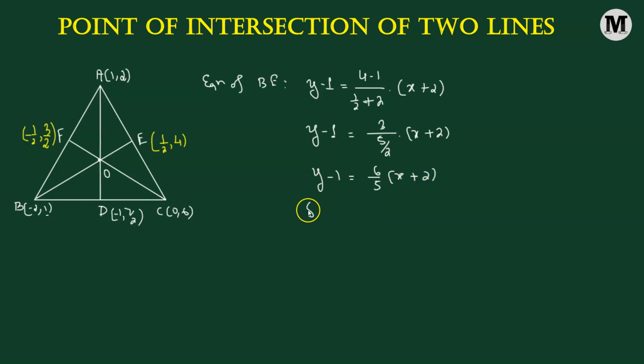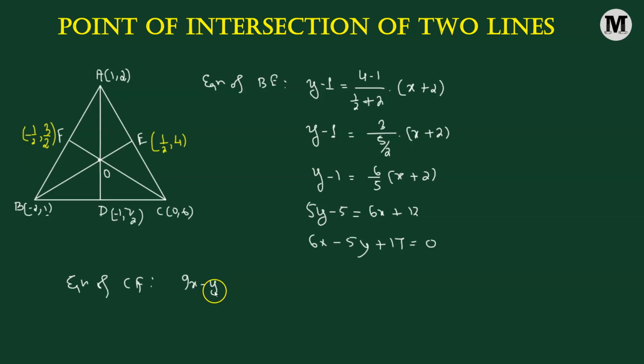Let's cross multiply to get 5y minus 5 equals 6x plus 12, or we get 6x minus 5y plus 17 equals 0. That's going to be the equation of BE. And finally, CF, I'm leaving that as an exercise for you to try out. That comes out to be 9x minus y plus 6 equals 0. That is going to be the equation of CF.